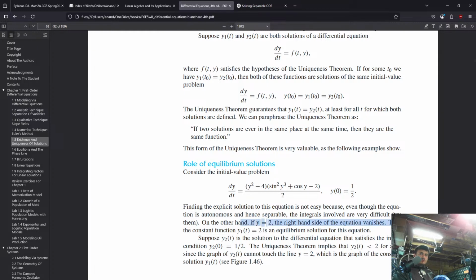On the other hand, if y is equal to 2, we have an equilibrium. Suppose y2 of t is the solution to the differential equation that satisfies the IVP.